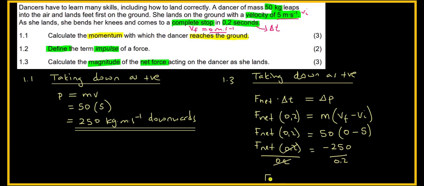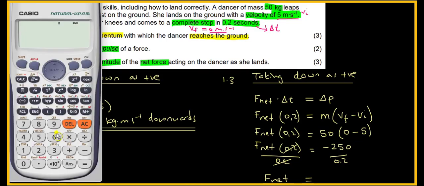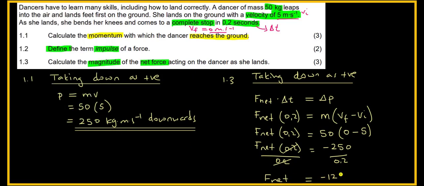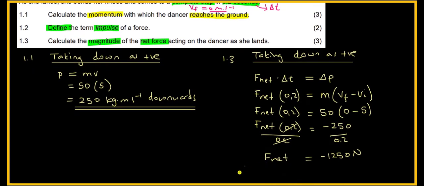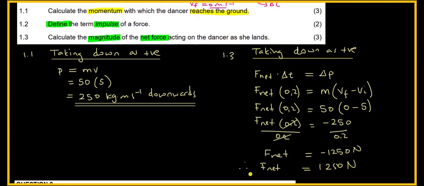My F net becomes negative 250 divided by 0.2. I get negative 1250 newtons. So therefore, my net force is equal to 1250 newtons. No need to state downwards or upwards here because the question just wants the magnitude.